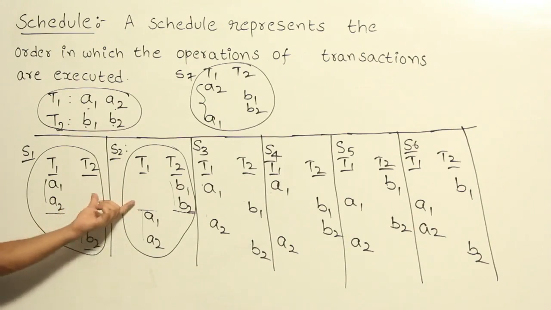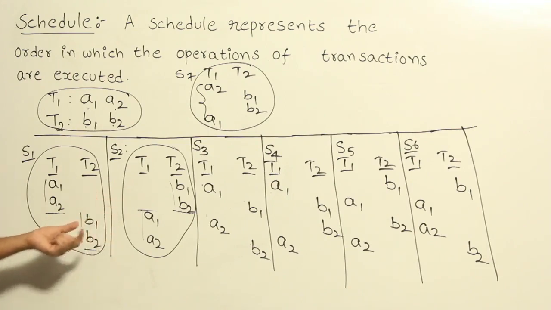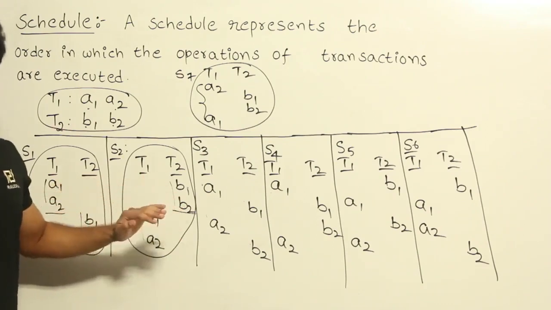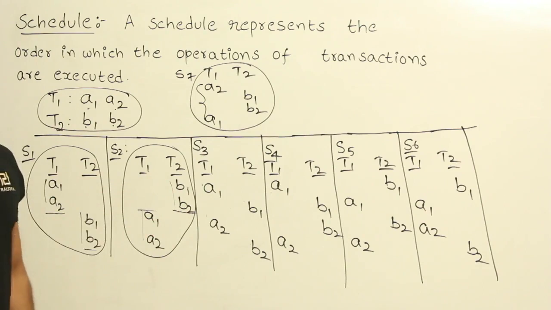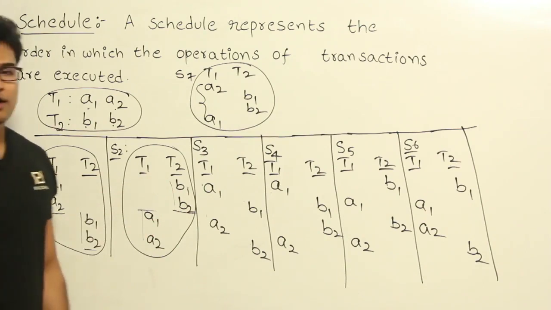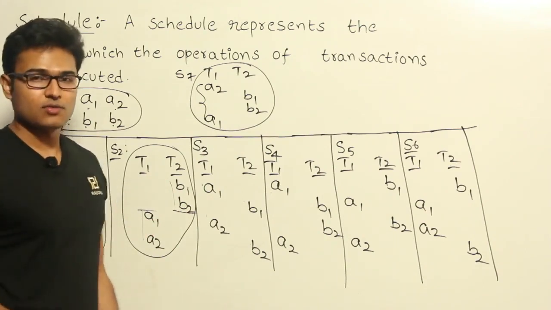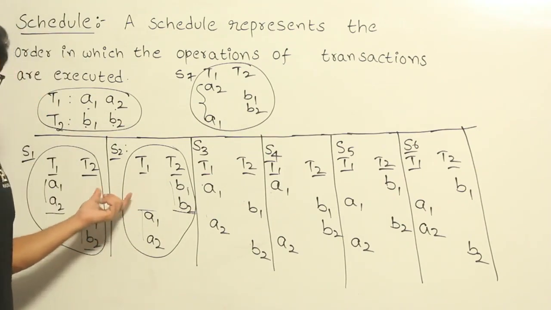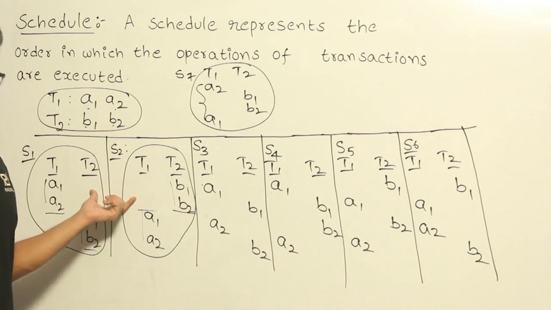But the only problem with serial schedules is that performance might be hurt. The reason is, some of them might be IO operations, and if you wait for the IO operation to complete without starting the next transaction, it might lead to performance issues, right? So even though the serial ones are correct, you are not always going to execute serial schedules.